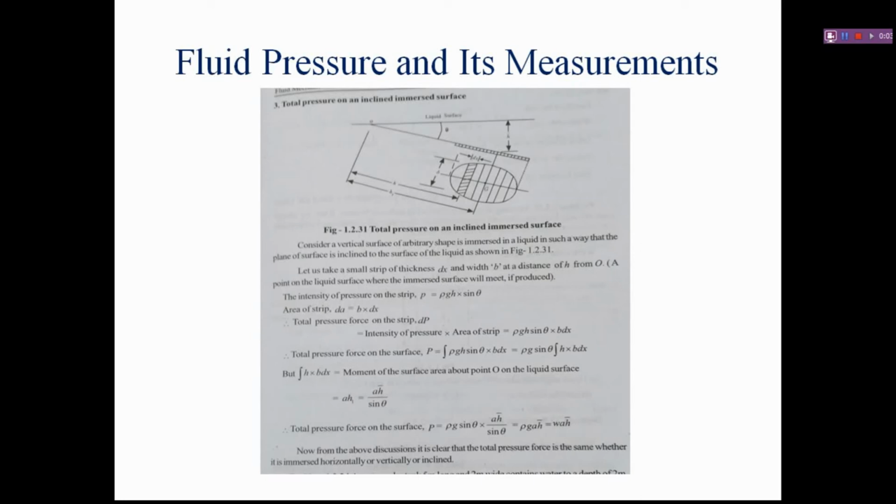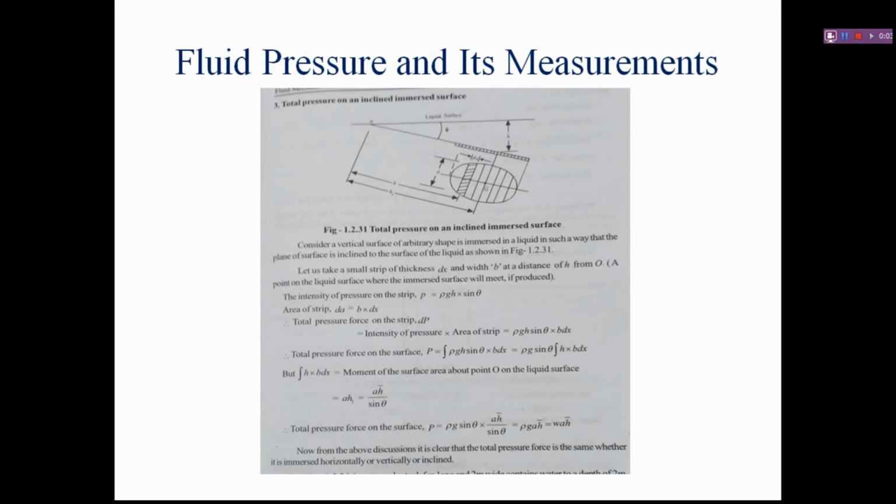If you make the triangle with the strip, it will be h bar by h. When the whole surface comes, it will be h bar by H1. So H1 is equal to h bar by sine theta.